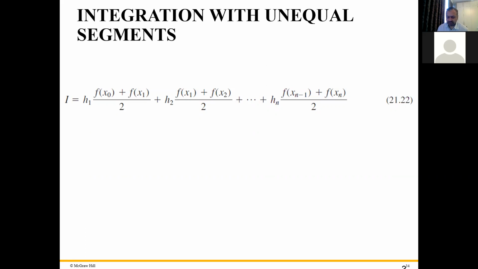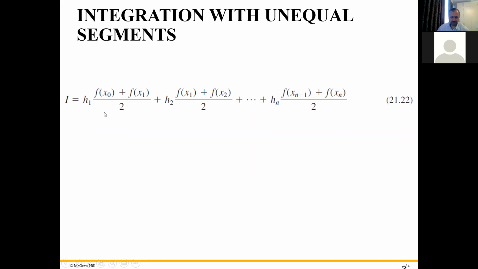So the first method for this type of integration will be the use of trapezoidal rule. So in the trapezoidal rule, the formula for each segment will be applied like this.